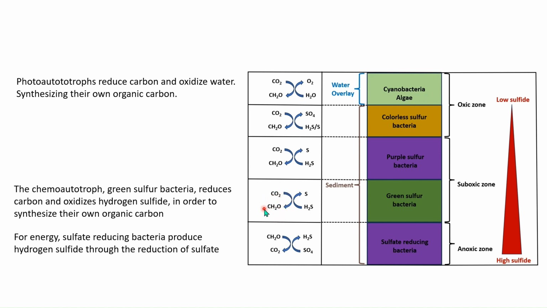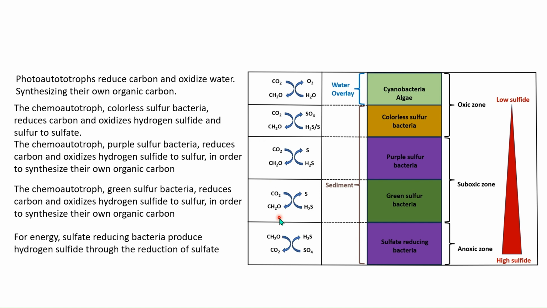Here we have carbohydrate. Remember, I said that organisms may do these redox reactions for two main reasons, either to harvest energy, such as sulfate reducing bacteria, or in order to create and assimilate their own organic matter, such as green sulfur bacteria.